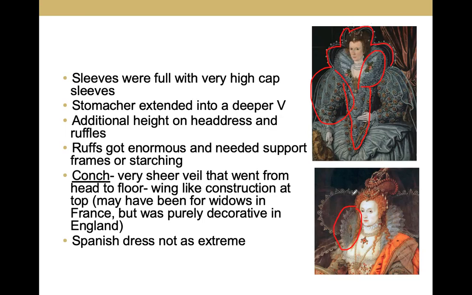Here you can see the wire structure. It's got lace around the edges, and then it's filled with this net fabric. So really they can't figure out that the conch had any meaning except that it was fancy. They thought in France it might have been worn by widows, but in England it was just decorative.